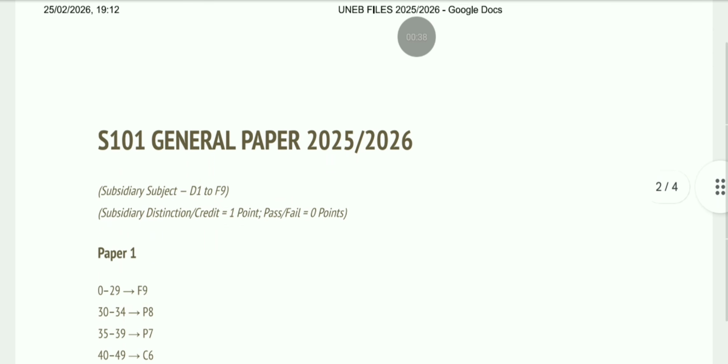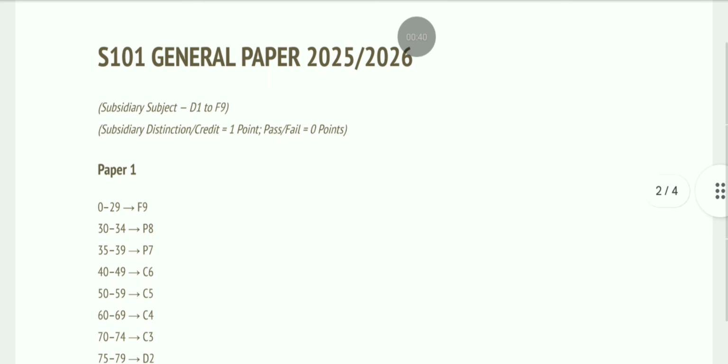So I'm going to start up with the general paper, the paper code S101, general paper 2025-2026 Uganda Advanced Certificate of Education. But before I continue, let me first explain that this subsidiaries paper, the general paper, was graded from distinction 1 to F9, but those who got a point in general paper got distinctions and credits.